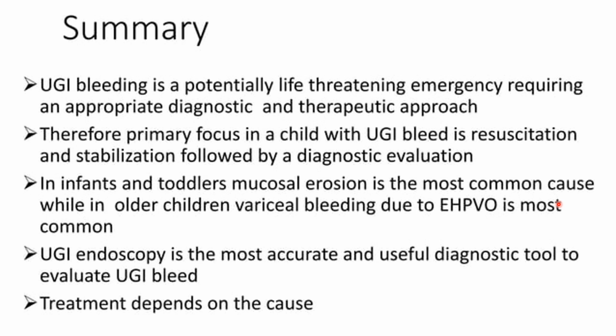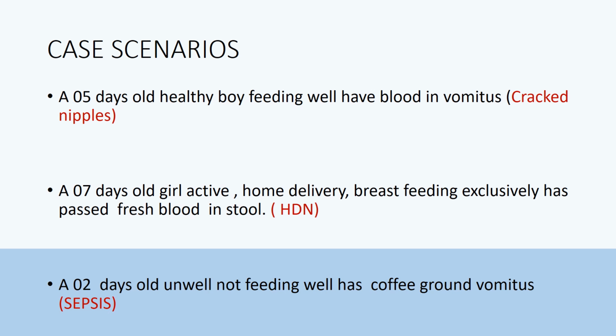In infants and toddlers, mucosal erosion is the common cause, whereas in older children, variceal bleeding due to extrahepatic portal vein obstruction is relatively more common. Upper GI endoscopy is an accurate and useful diagnostic tool to evaluate upper GI bleed, and the treatment depends upon the cause. Now, the case scenarios that we have already discussed, the answers are put forward now.